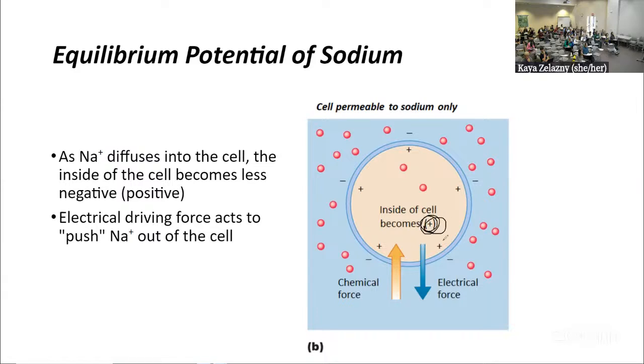So as the inside of the cell becomes positive, which we will see in the typical behavior of a neuron during the action potential, we are again creating an electrical driving force where that positive charge and the positive charge on the sodium are bouncing off each other. So our electrical driving force on sodium, as the cell becomes more and more positive, goes the opposite way, so it has a tendency to push sodium out of the cell.